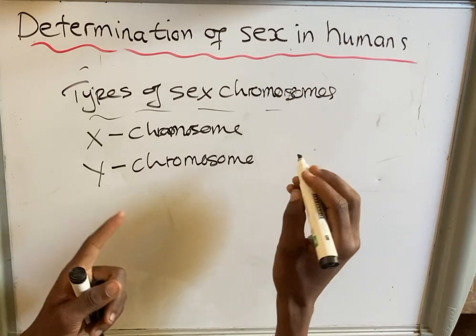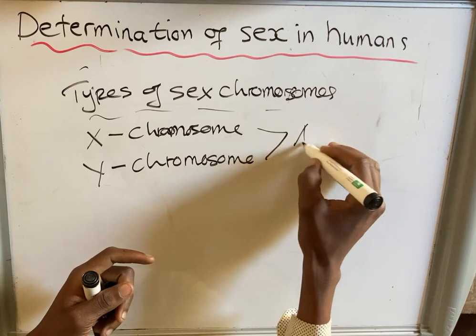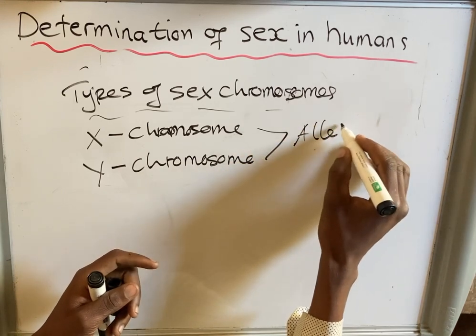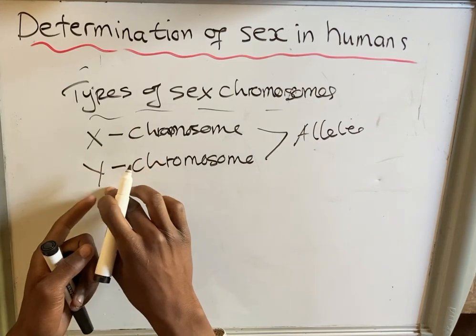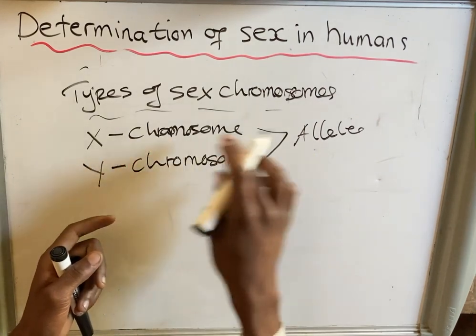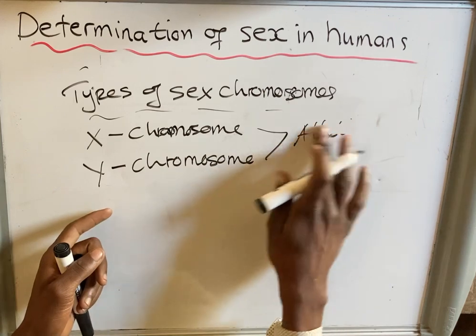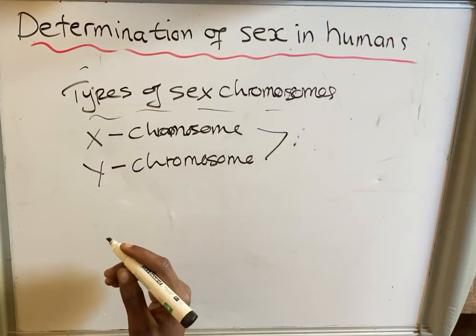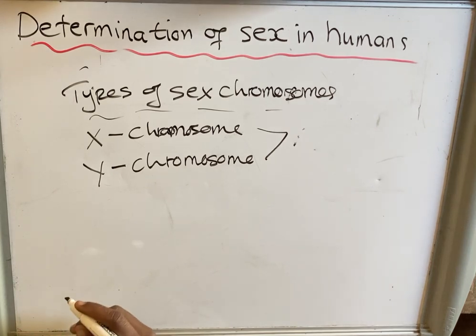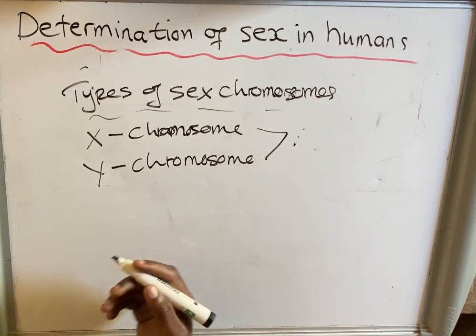Now, these are not called alleles, like in other characteristics. It's not the X allele or Y allele. We have 2 types of sex chromosomes, the X chromosome and the Y chromosome.